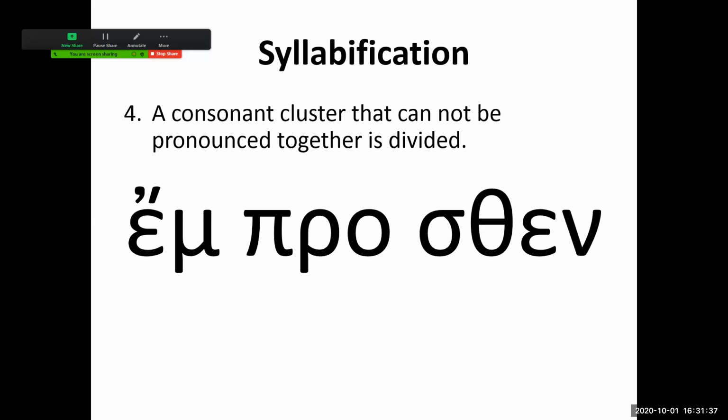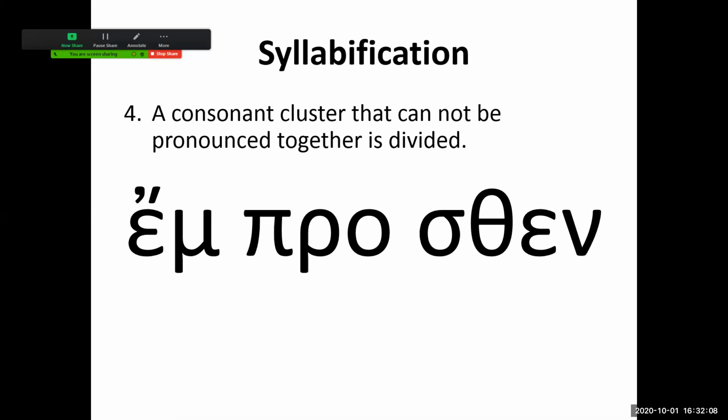Fourth rule in syllabification: a consonant cluster that cannot be pronounced together is divided. For example here, improsthen. It's hard to divide between mu and pi.